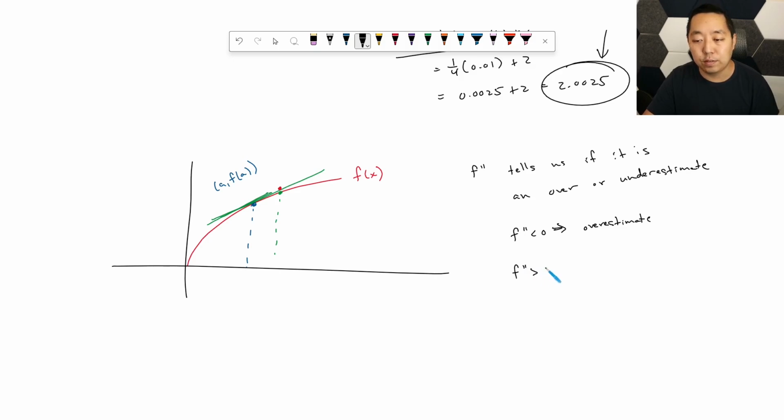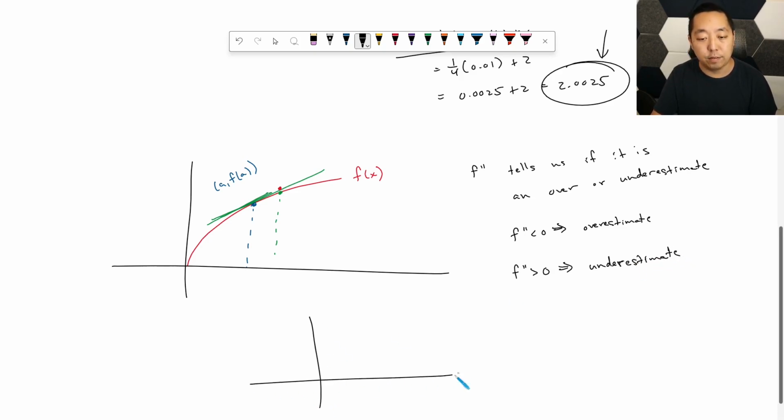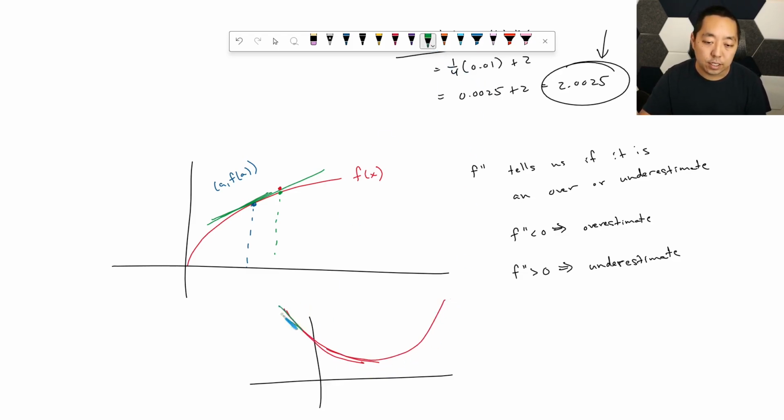And if the second derivative is positive, then we say this is an underestimate. It's not whether it's increasing or decreasing, it's the concavity. So even if the curve were decreasing, if it is concave up, the tangent line is always below the function. So there's always going to be that gap where the y value is underneath the curve. So the estimate will be an underestimate. So that's how you can tell whether it's an over or underestimate. But the main idea is we're using the tangent line to approximate a value nearby.